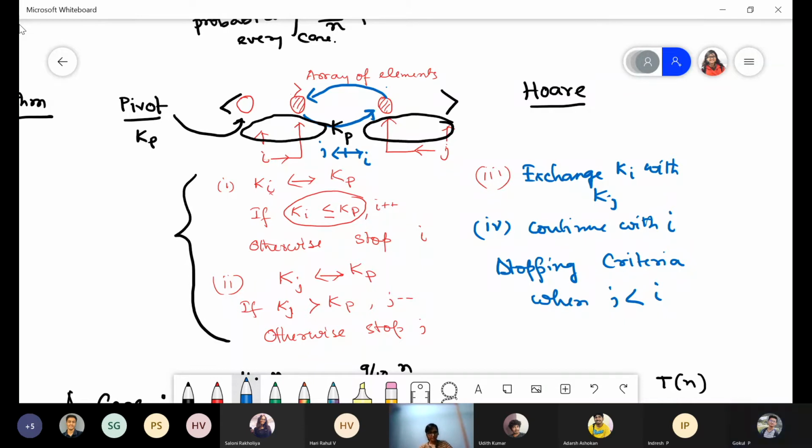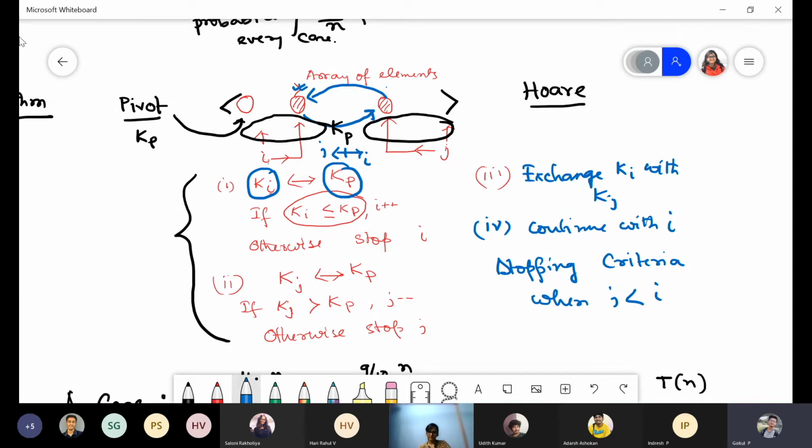When we check one element under I, we check this KI with KP. This is one comparison. Now either it is satisfying the condition or it is not satisfying. If it is satisfying, it is not going to get compared again. We just move I. Similarly, suppose it is not satisfying the condition. Then we stop at that position.